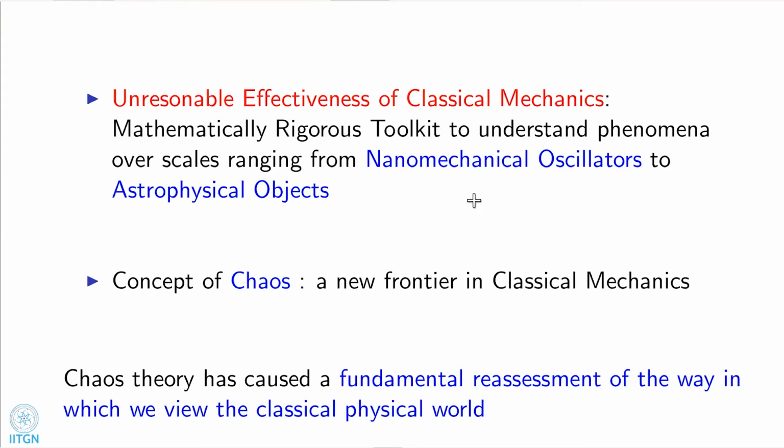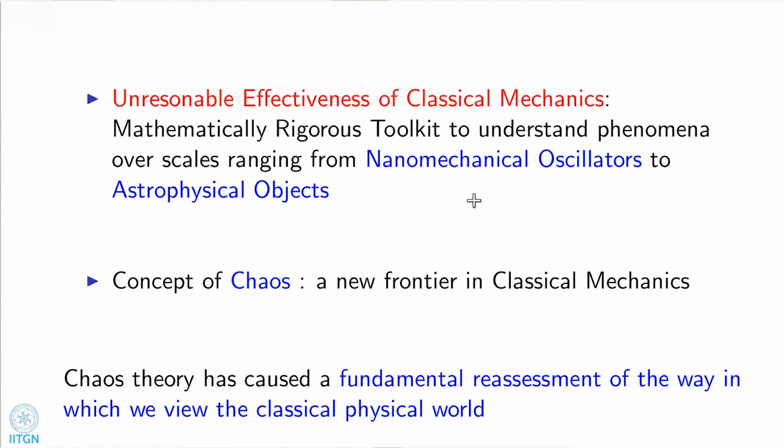But still there have been niggling feelings that there are aspects of the classical system which are not quite fitting with this whole idea of a clockwork universe, which comes out of really neat, clean mathematics. So these are the ideas which pushed forth and needed a new concept, which is the concept of chaos.